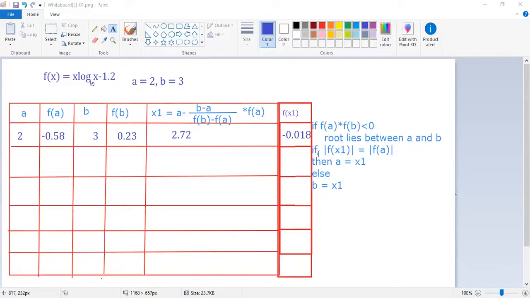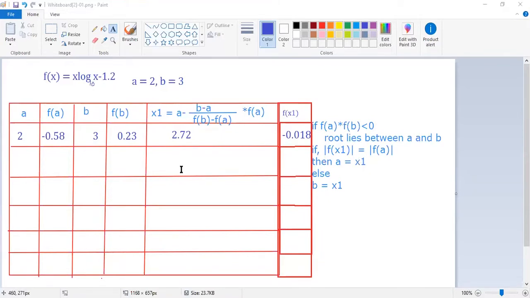Now, if the sign of fx1 is the same as the sign of fa, here fa is minus and fx1 is also minus, then a is equal to x1. A will be replaced by x1.